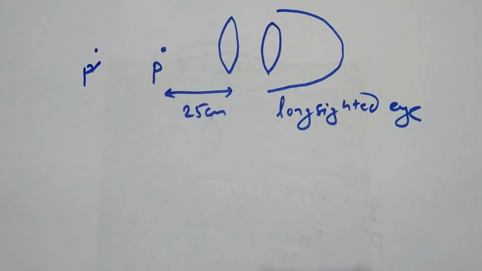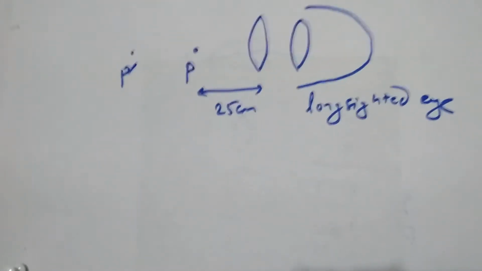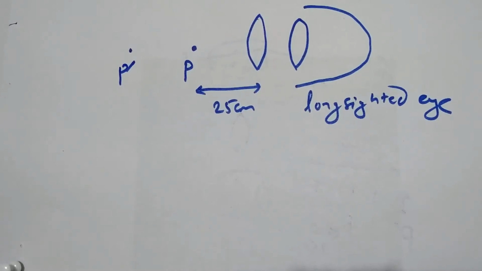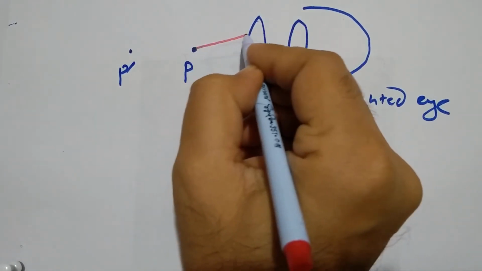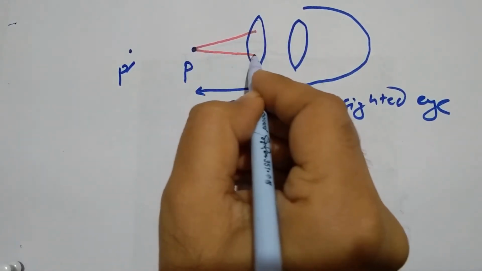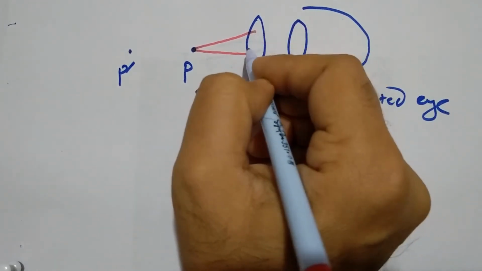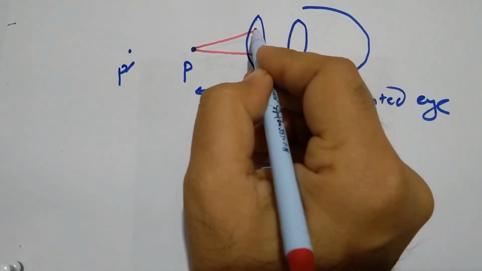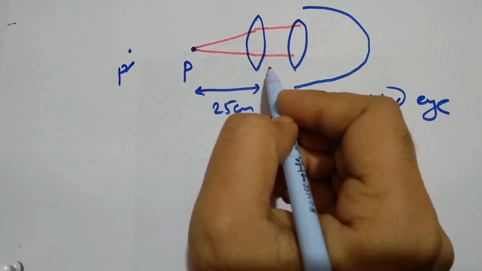Let's use another red pen for a ray diagram. Okay friends, light rays emerging from the object strike the convex lens, which converges the light rays.